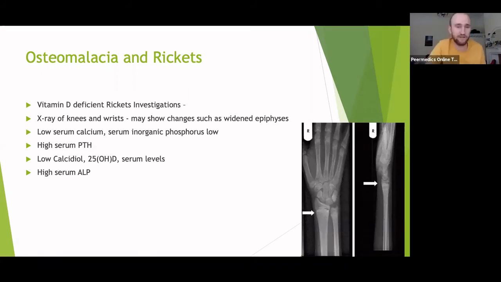So these are some more investigations. In rickets, you're going to have a high PTH because obviously you've got that low serum calcium. The parathyroid gland is going to sense that and release more PTH. You're going to have a high serum ALP as well, but just consider what else can release that as well.